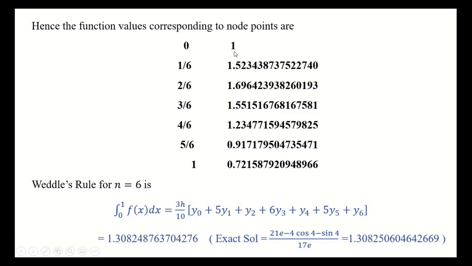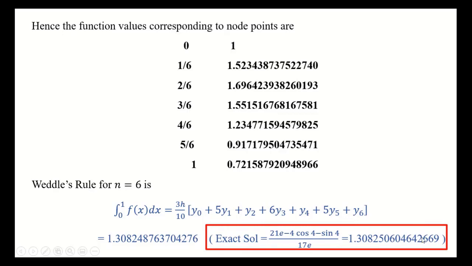So after using these values y0, y1, y2 and so on up to y6 in this formula, and after some calculation we get an approximated solution 1.30824876 and so on. So this is the approximated solution obtained with the help of Weddle's rule, and here you can see this is the exact solution.